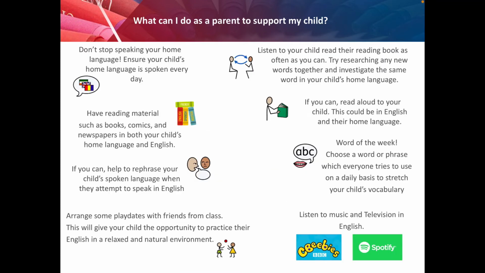Definitely. Now, this is the part where you might be saying, so what can I do to support my child with their English language learning? And luckily, there are lots of strategies that you can use at home that are not too time consuming, that don't require any special resources.